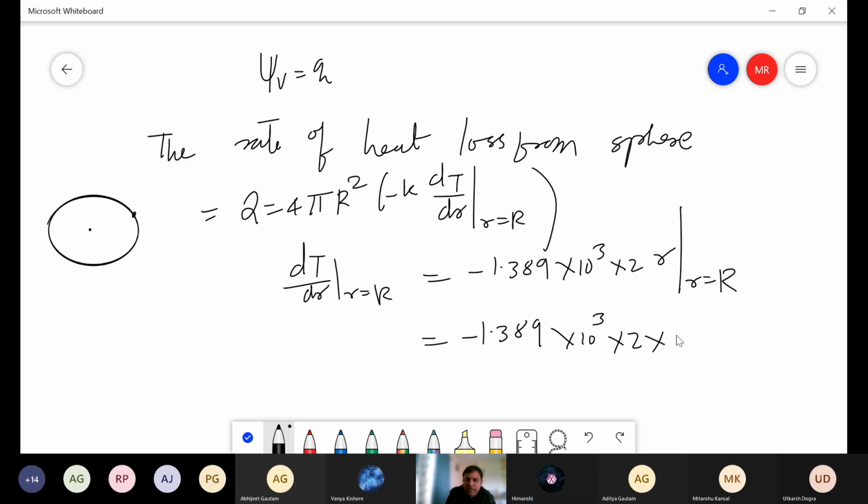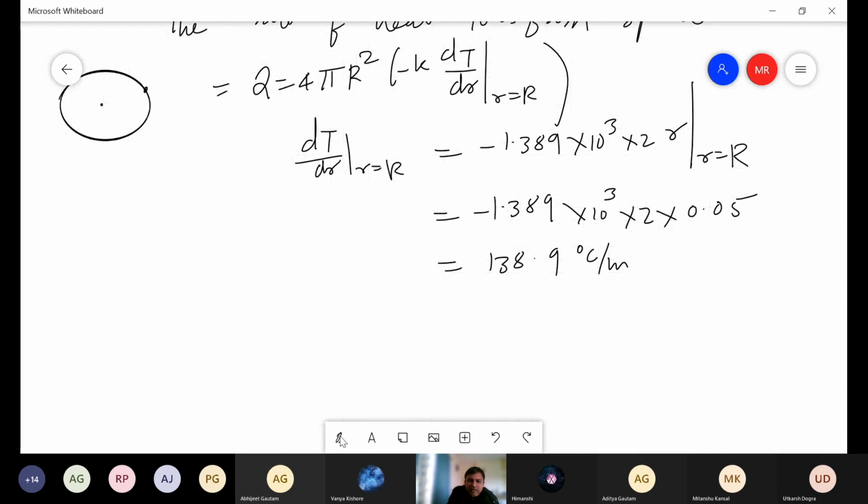So radius in meter will be 0.05. So this value comes out to be 138.9 degrees Celsius per meter, isn't it? If you put it in the above equation, Q you can calculate now.